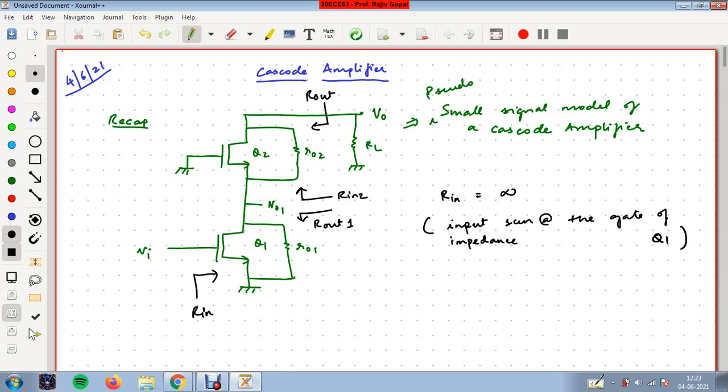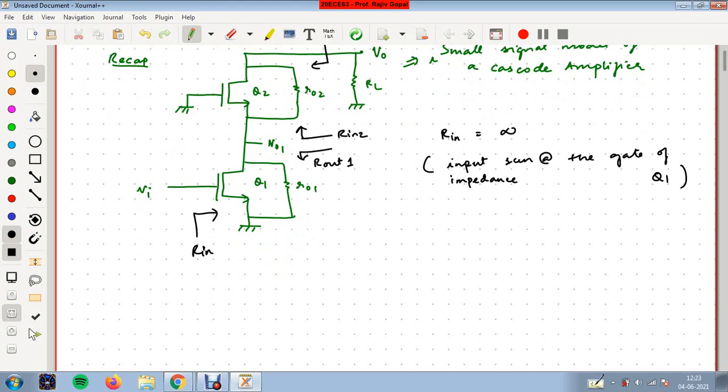Obviously, when the gate is isolated from source and drain, R in is infinite. Second, R out 1 is the impedance seen at the drain of Q1. There I can see only one resistance, which is R0. So R out 1 is equal to R01.